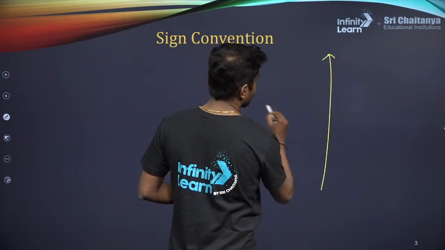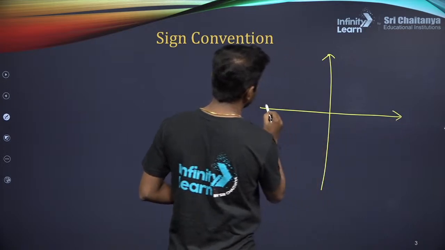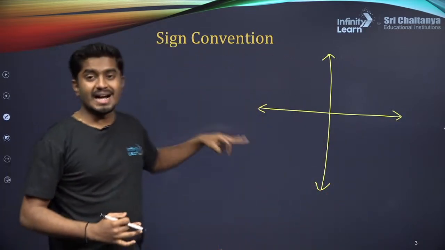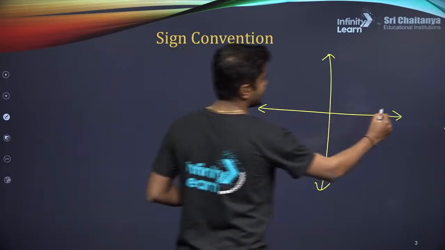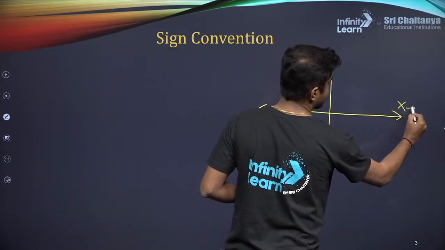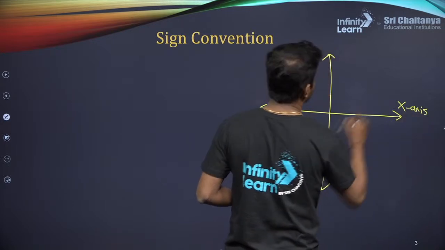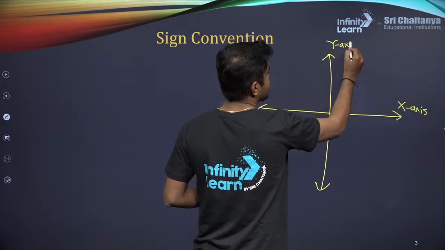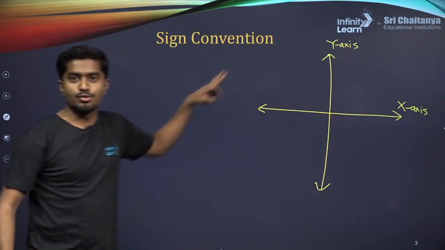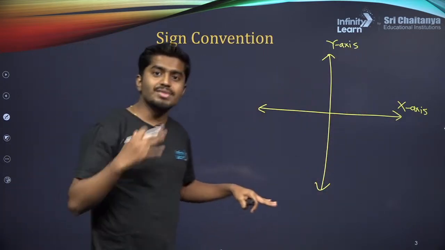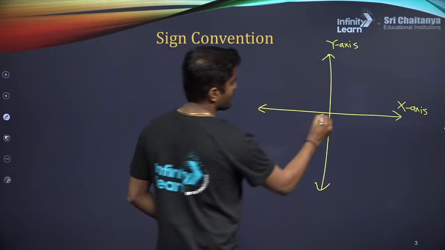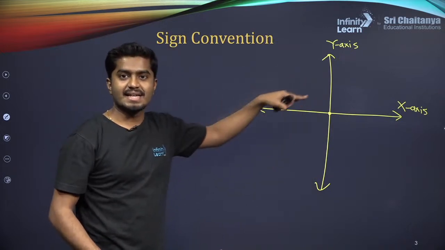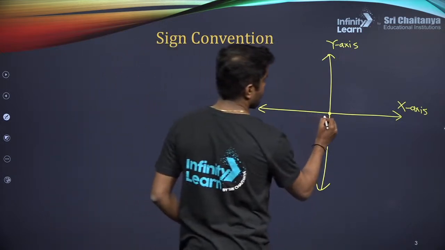So now, do you know Cartesian rules? In Cartesian coordinates, the horizontal line is our x axis and the vertical line is our y axis. The point where the y axis and x axis cross is our origin.